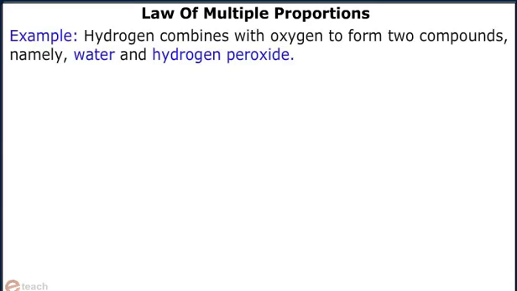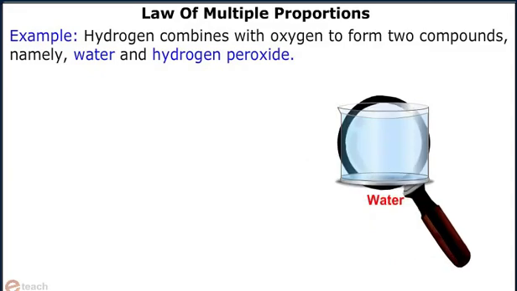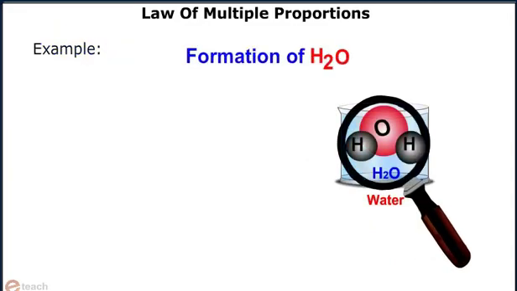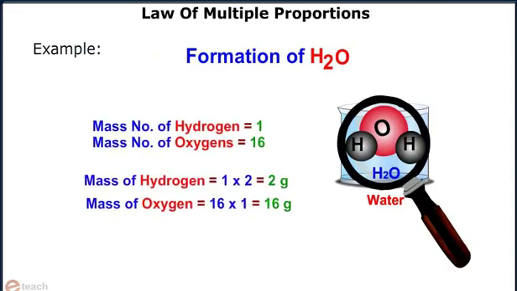Law of multiple proportions. Let us have an example. Hydrogen combines with oxygen to form two compounds, namely water and hydrogen peroxide. Let us study H2O. Mass number of hydrogen equals 1.